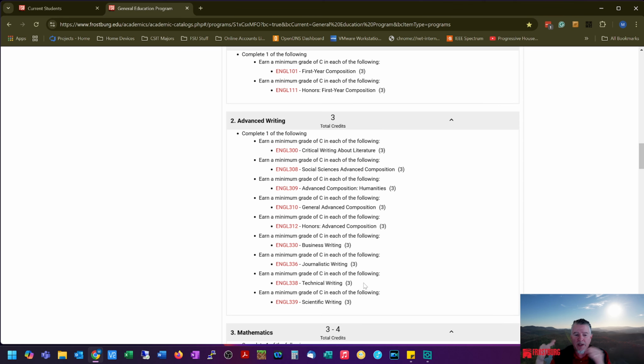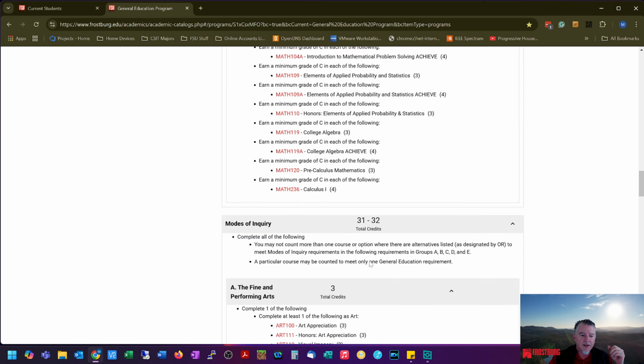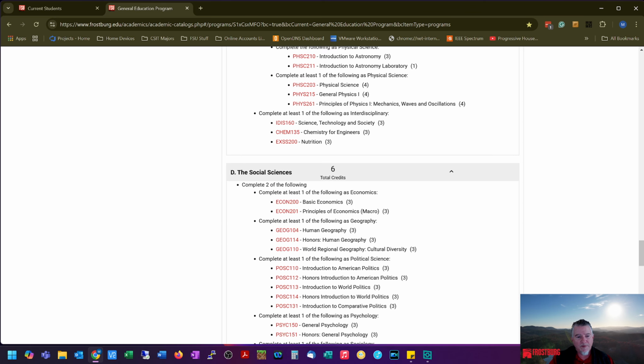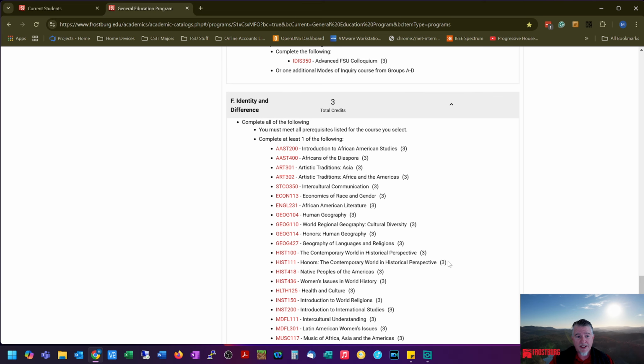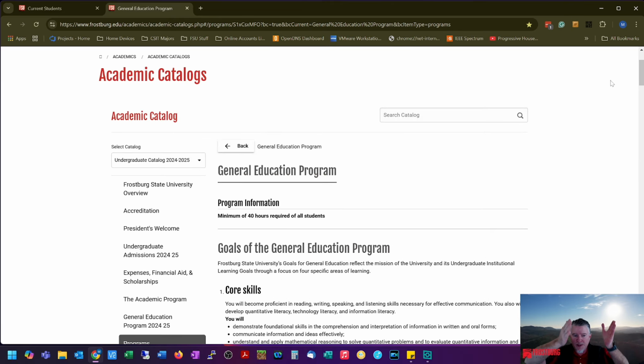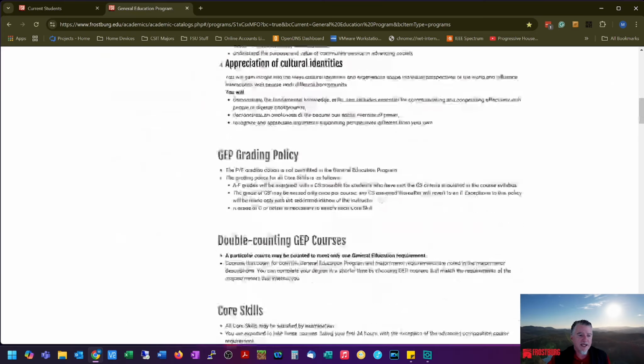That is okay. However, in the case of social science, we have human geography listed in both the social science and in group F, identity and difference. You cannot double dip in this particular area in the GEP. All right, so let's kind of go through this.